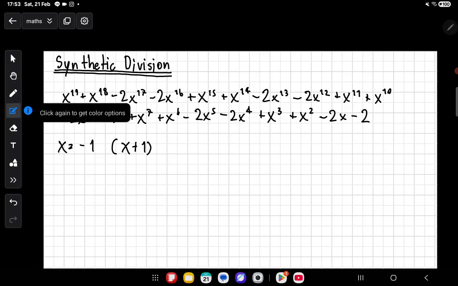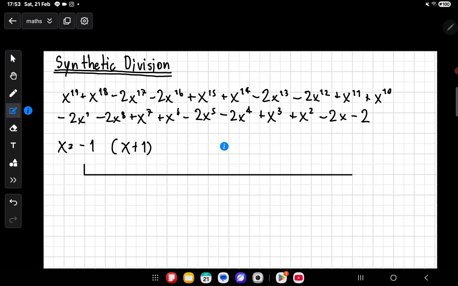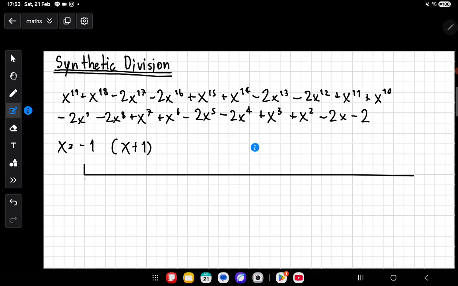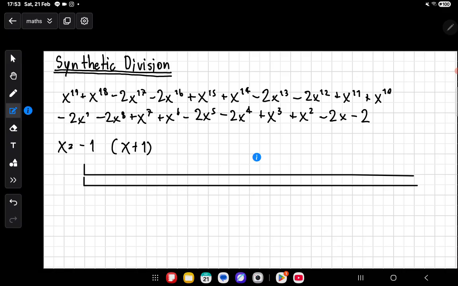Now setting up our synthetic division table. It's gonna be this long. So now, get -1 and your numbers. 1, 1, -2, -2, 1. Wait, I need to make space.